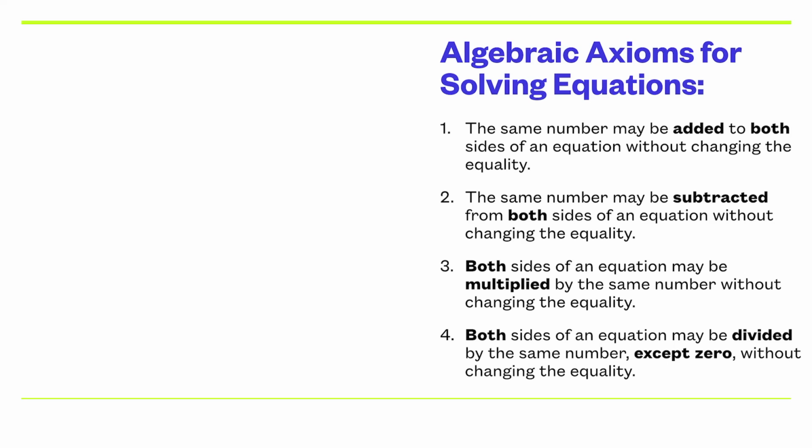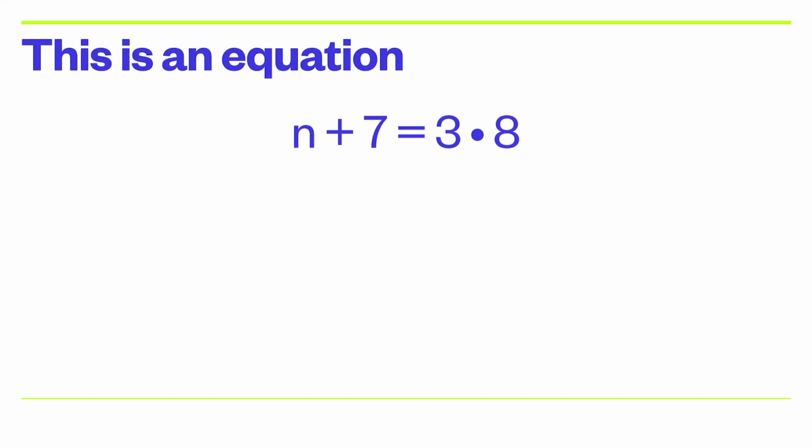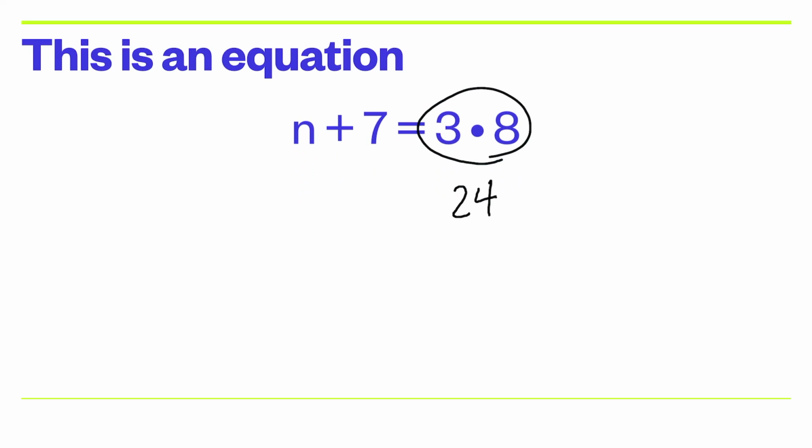Okay? So let's look at some examples. This equation here, we have N plus 7 is equal to 3 times 8. If we were to solve this, we ask ourselves first, what side can we solve? Well, we can solve 3 times 8, and we're going to get 24. So that means N plus 7, a number plus 7, is equal to 24.